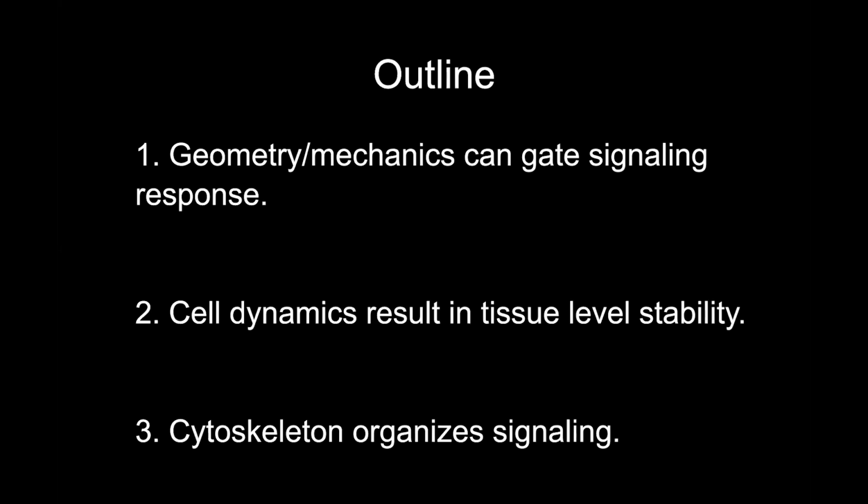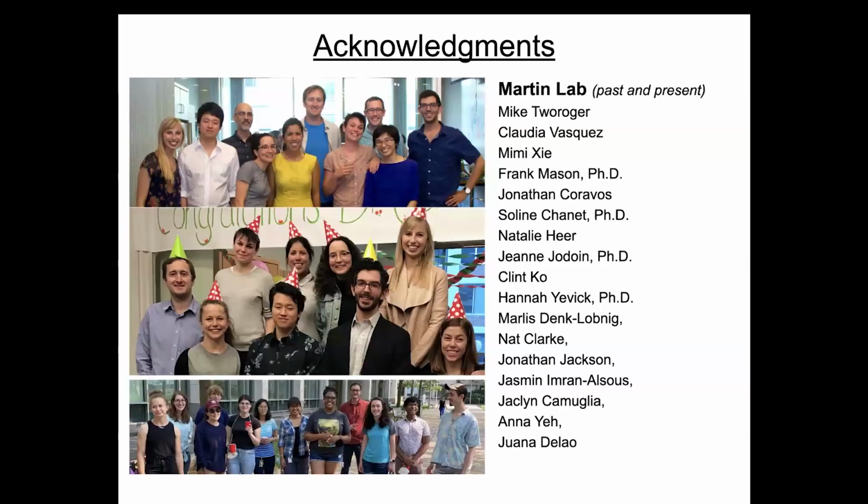I acknowledged people as I went through the talk. I want to give a shout out again to the people whose projects I focused on. So Soline Chenet did the work on cell division geometry and the regulation of cell division axis. Nat Clark down here did the work on the germ band connected to the tissue folding.